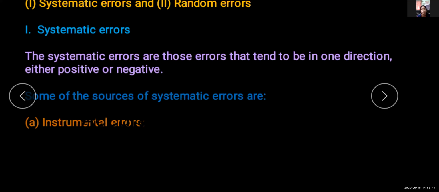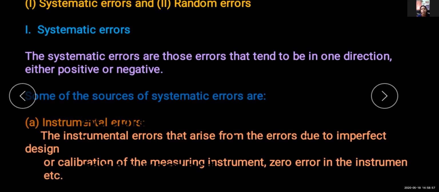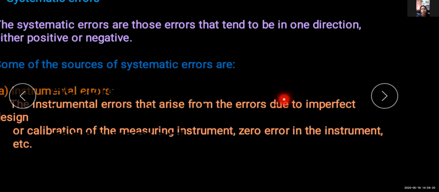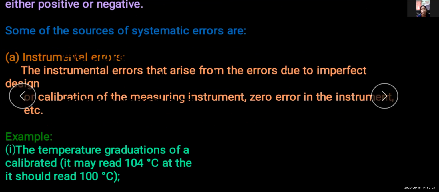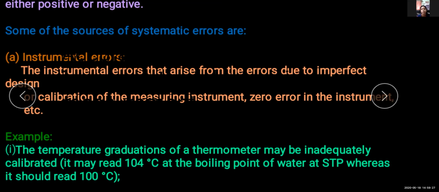Some of the sources of systematic errors are instrumental error. Systematic error can be further subclassified. First, instrumental error, which arises due to imperfect design or calibration of the measuring instrument, zero error in the instrument, etc. For example, the temperature graduation of a thermometer may be inadequately calibrated.